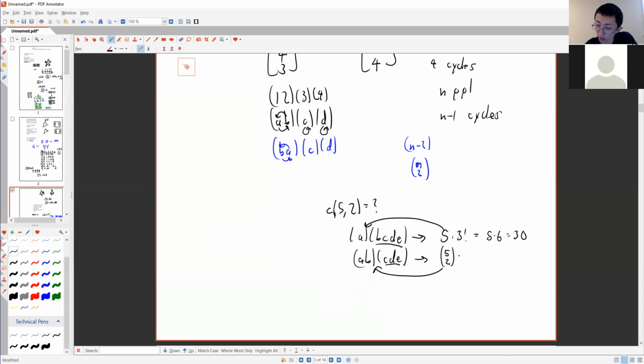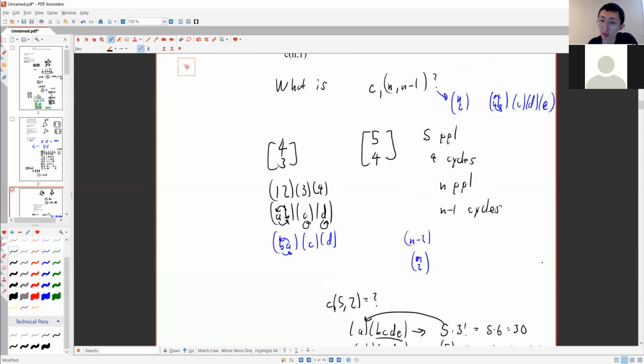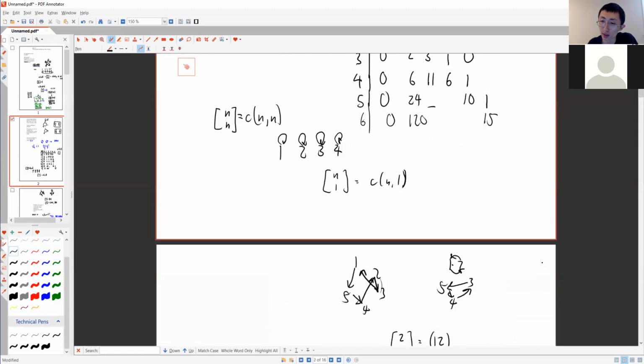Oh, it's not 15 times 2, I think. There's 2 ways for the 3 cycles, so it's like 10 times 2, or 20. Okay, so that makes 50. Let's put that in our chart above. 50.